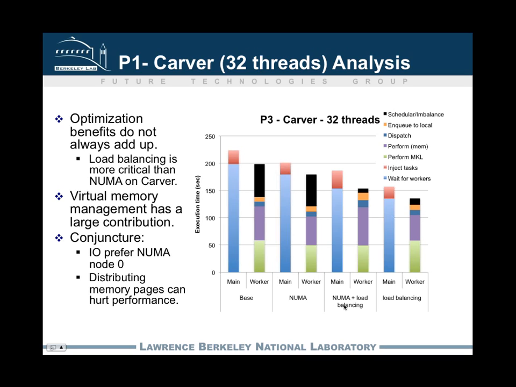So in this particular case, the optimization effects were not adding up. And we believe that one possible reason for that is the way memory is managed. If this is dependent on the I/O, typically we have a privileged NUMA node in most high-performance computing systems.